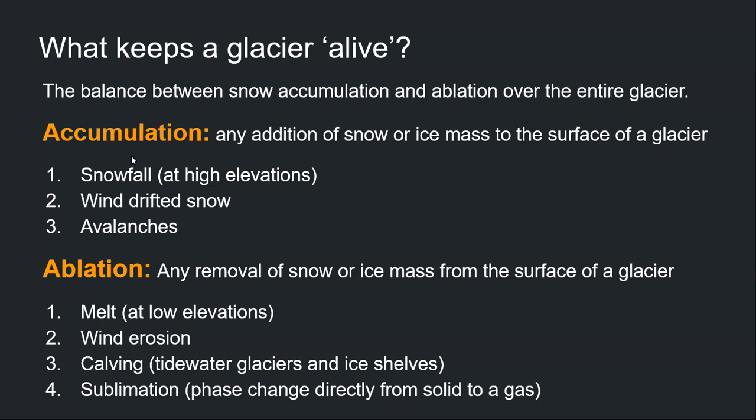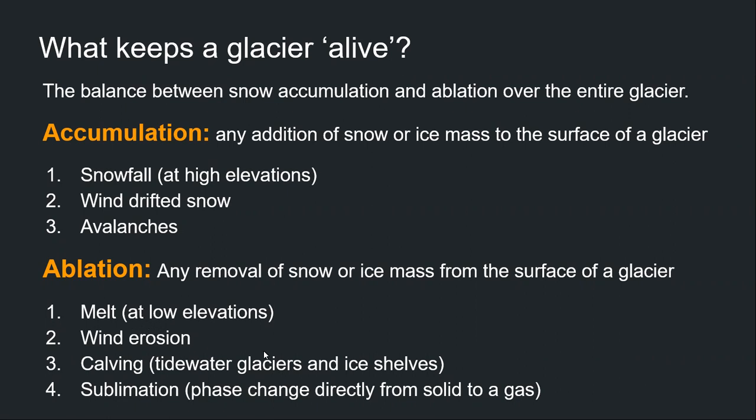So snowfall, as we talked about, and wind drifted snow, meaning that let's say you have a mountain that's close by and wind is blowing the snow from the mountain onto the glacier. That's going to count as accumulation. You can also have avalanches falling on glaciers, so that brings new material. That's also accumulation.